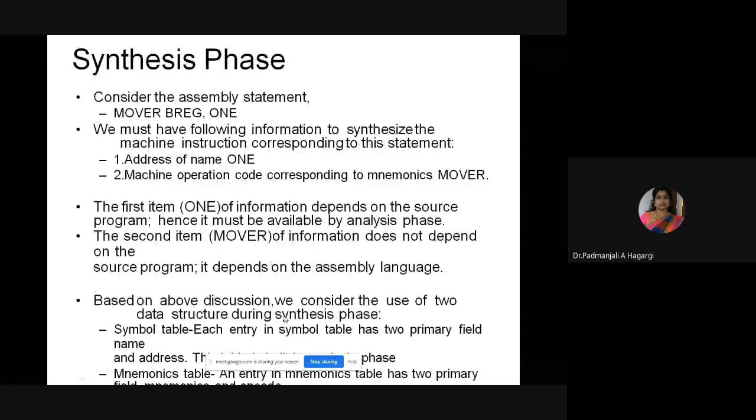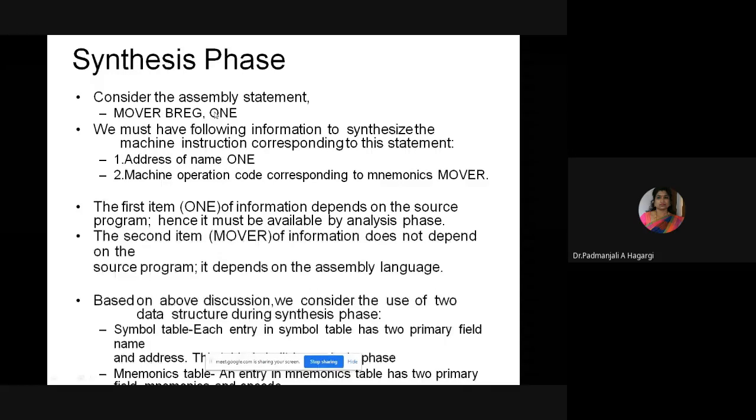And the synthesis phase, what it does is it takes the input from the analysis phase. Say, for example, consider the statement. We must follow the information to synthesize the machine instruction corresponding to this statement, like the address of name 1.